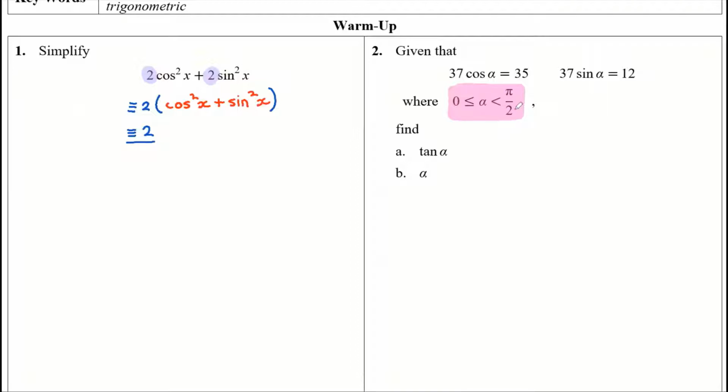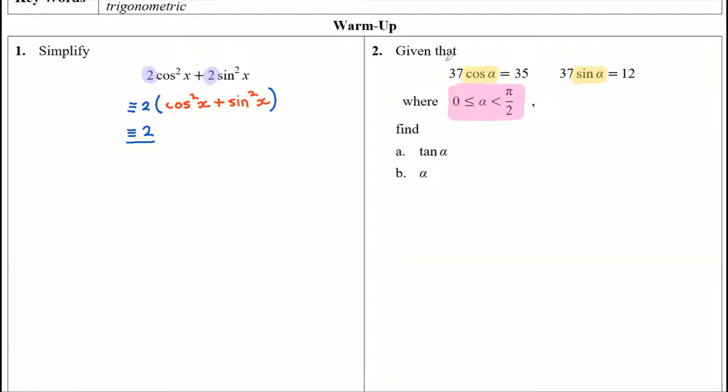So for part A, we've got 2 ingredients here, haven't we? We've got this cosine part here, and we've also got the sine part. So think to yourself, how do we form tan using those pieces of information? Well, there's another identity, isn't there? I'm just going to make a note of it before we start.